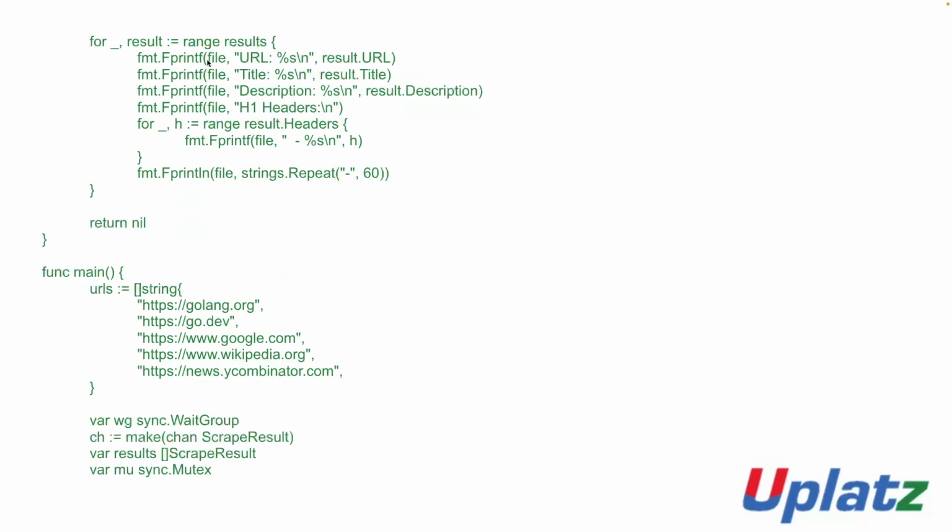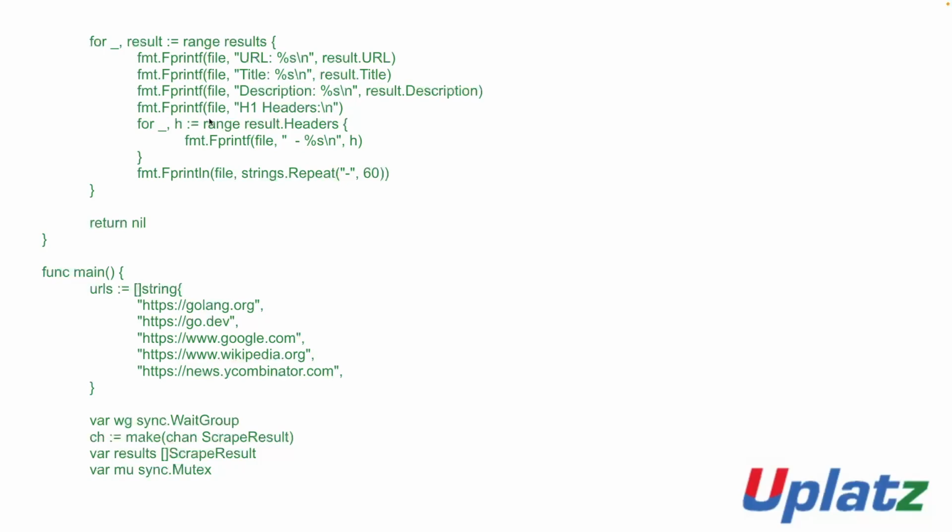Then fmt.Fprintf, that is, file printed, to the file handler: URL: %s\n, result.URL. fmt.Fprintf(file, "Title: %s\n", result.Title). Like this, the description is this description.